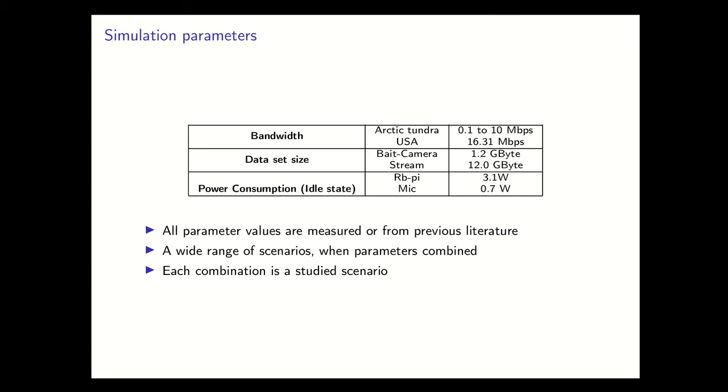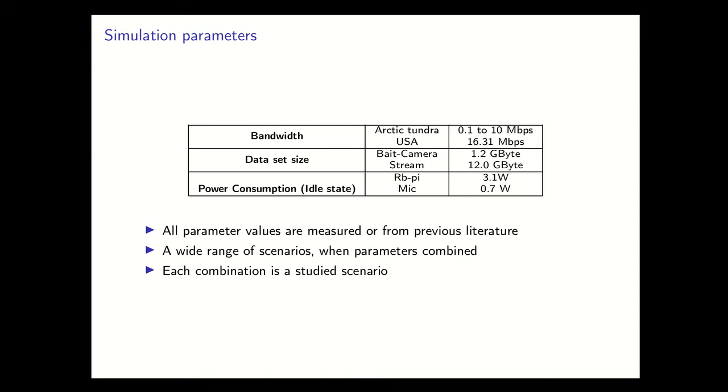So all these parameters are values that are either measured or extracted from previous literature, either from our previous contributions or other contributions. And all these parameters permit us to have a wide range of scenarios when combined together. And in the paper, each of these combinations is a studied scenario.